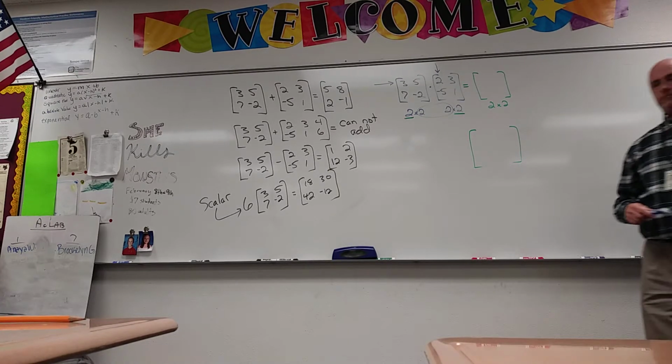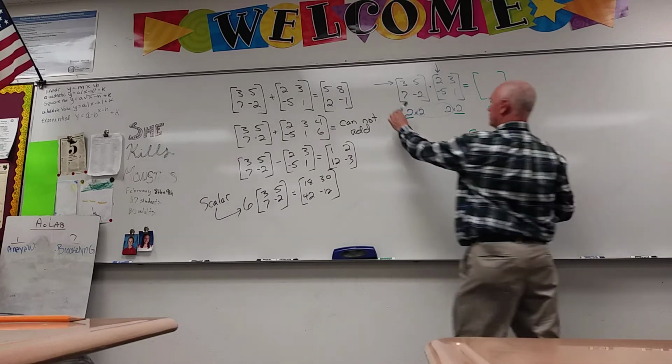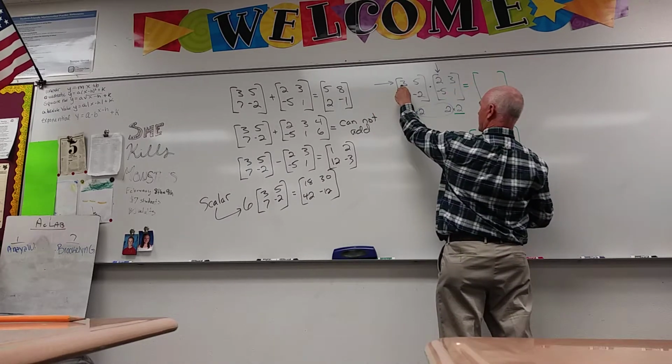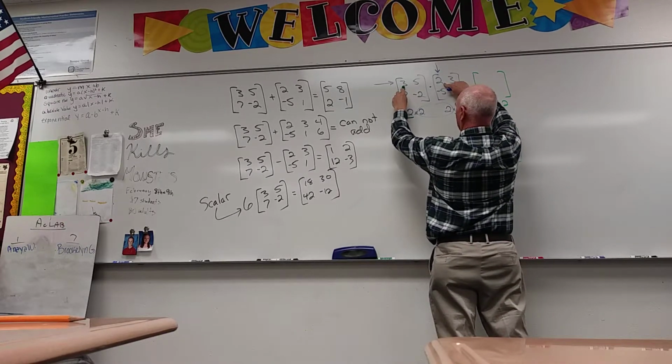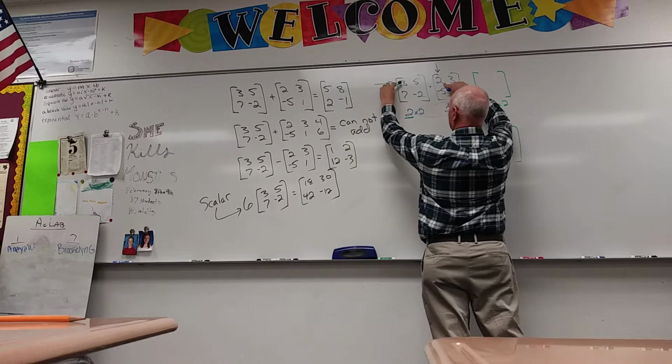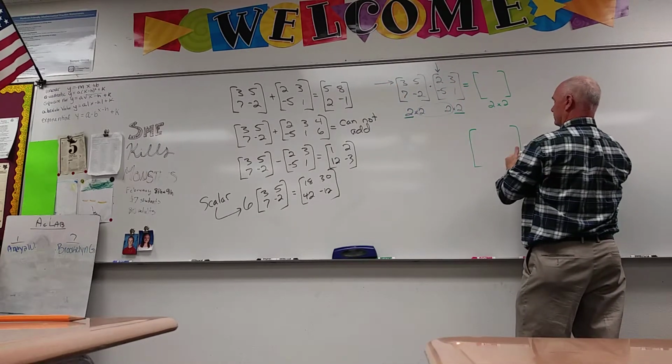Here's what I mean. To multiply a row by a column, we multiply the first element of the row times the first element of the column, which in this case is 3 times 2, which gives us 6.